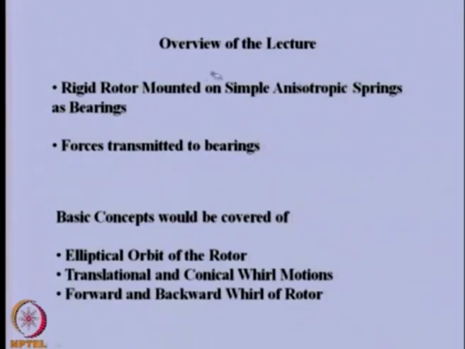And apart from the critical speed of the system, we will be analyzing how this particular motion gives forces to the bearing, that is, how much force is getting transmitted to the bearing.